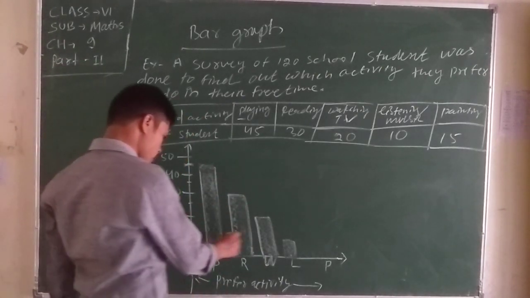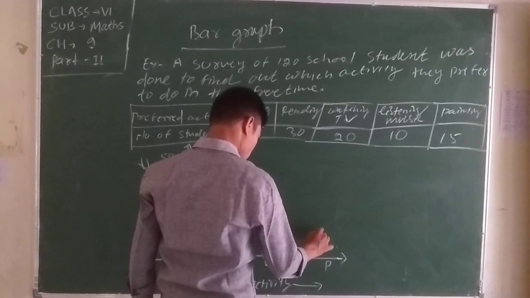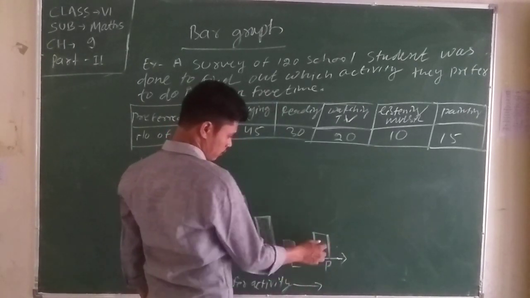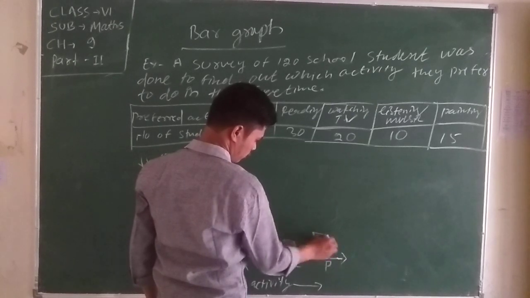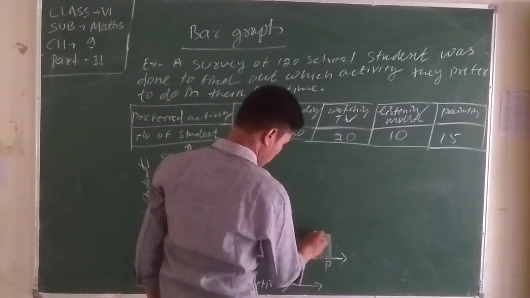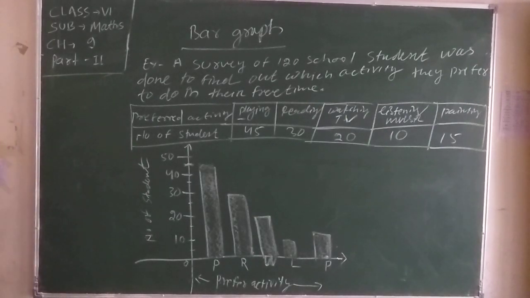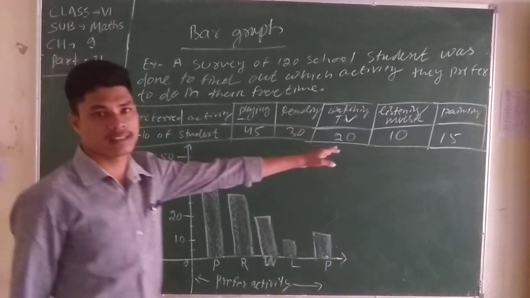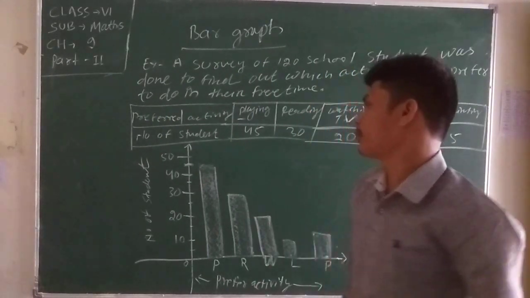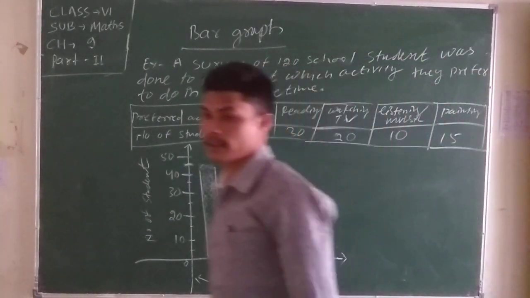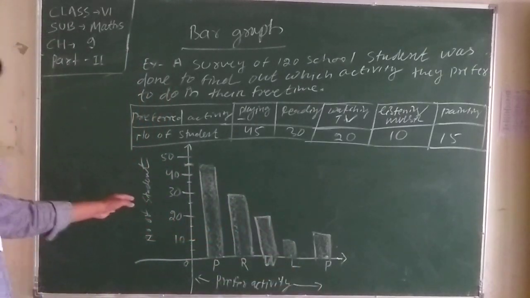Painting is how many students? 15 students. Then we draw here 15 students. Clear? How can we draw a bar graph using the numerical data, and how can we draw pictographs using the numerical data? Clear about it? How can you draw? See.